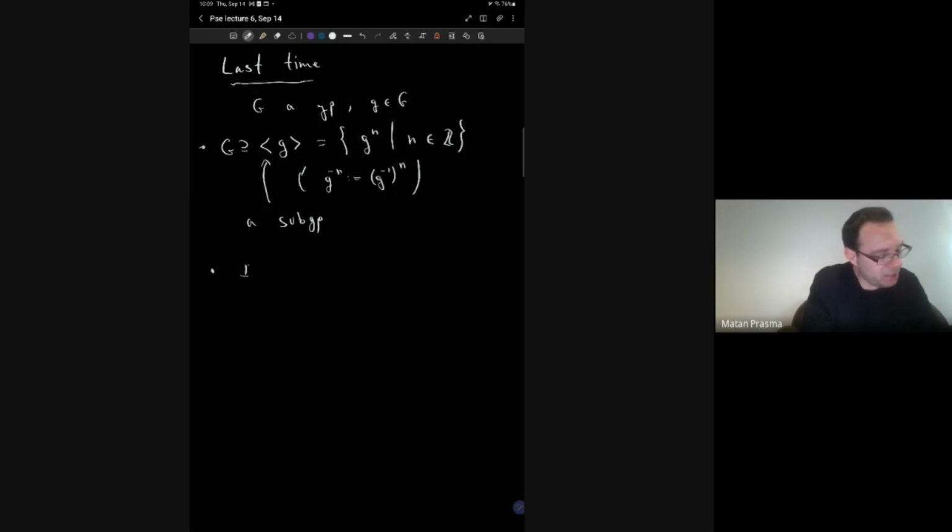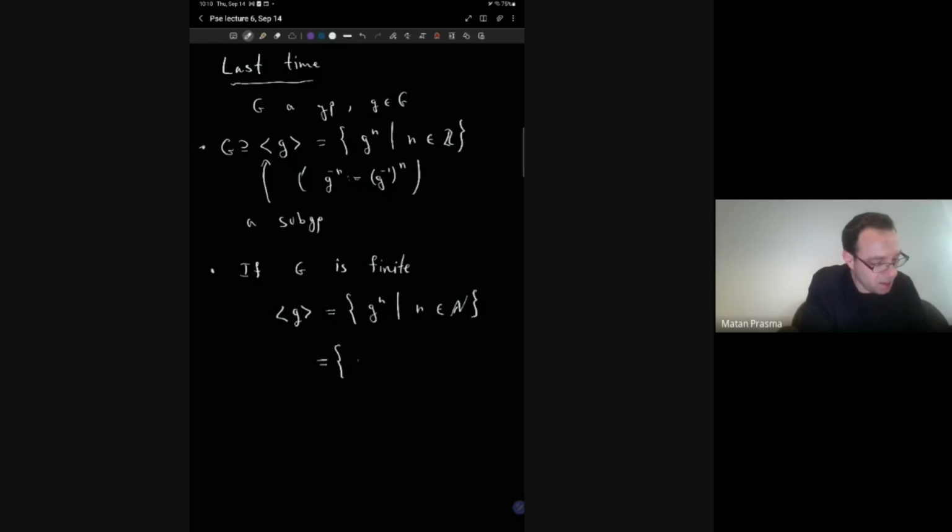Moreover, if G is finite, then the subgroup generated by g can be written as g to the n, where n is in the natural numbers. And in fact, this is going to be some finite set because G is finite.